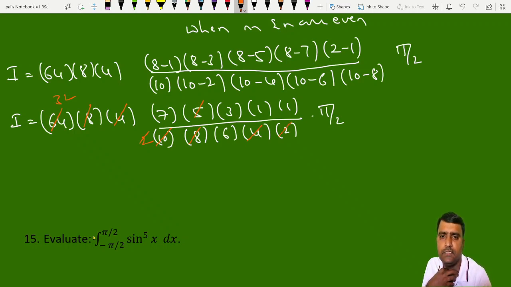Again 2 ones are 2, 2 16s are 32, 2 ones are 2, 2 8s are 16. After this 3 ones are 3, 3 twos are 6, again 2 ones are 2, 2 fours are 8. So in the denominator all the factors cancel.